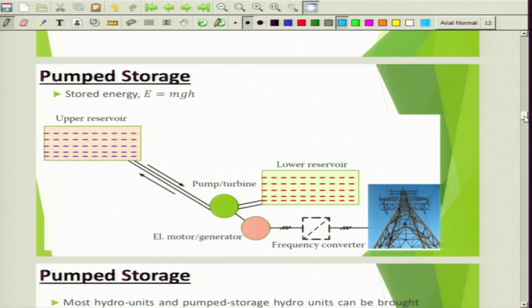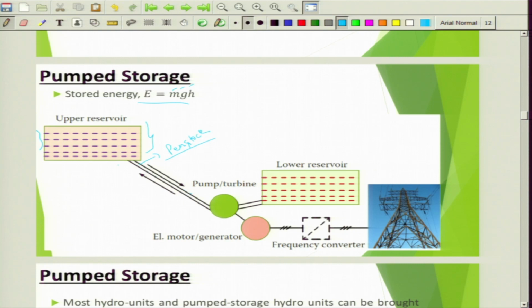So this is a typical pump storage schematic or layout. The fundamental formula: energy is equal to mass into gravity into height, mgh. You see here there is an upper reservoir of stored water, and there is a penstock, that means the water pipe that connects the upper reservoir with the downstream or lower reservoir.